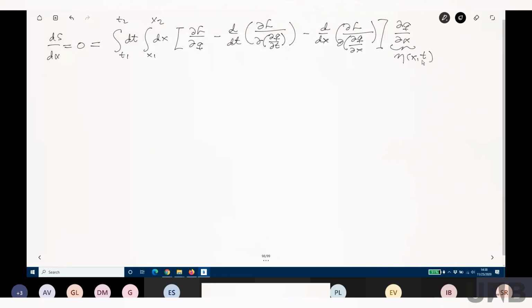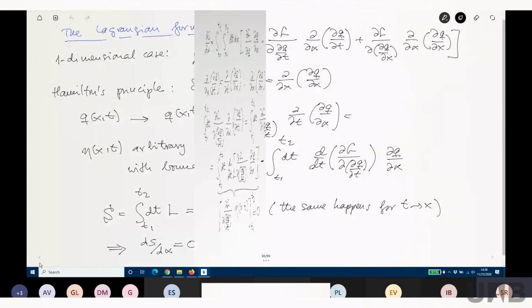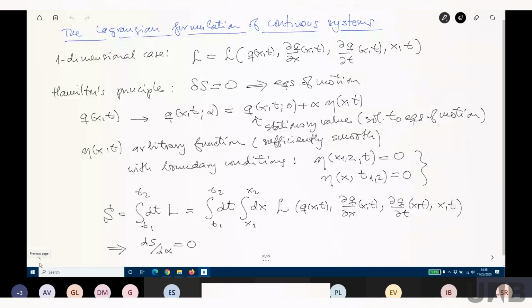Now, again, remember that theorem of the calculus of variations that says that if this integral, for an arbitrary function eta sufficiently differentiable, equals 0, then the integrand is 0.